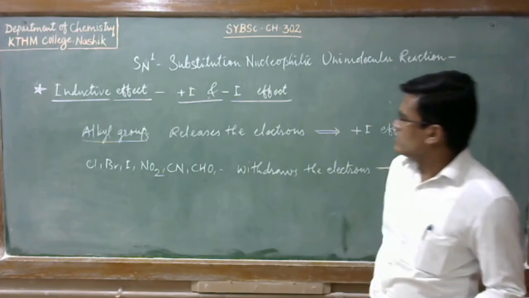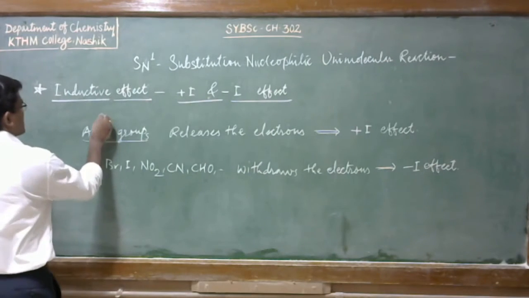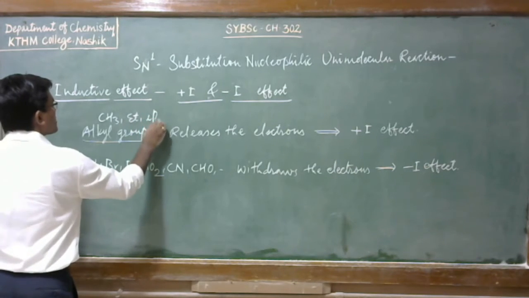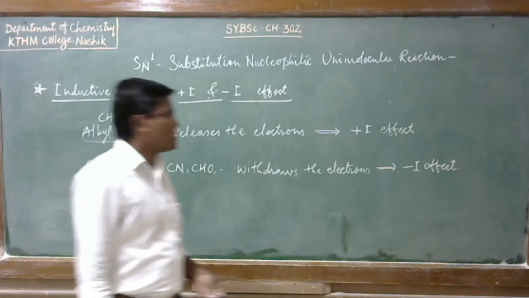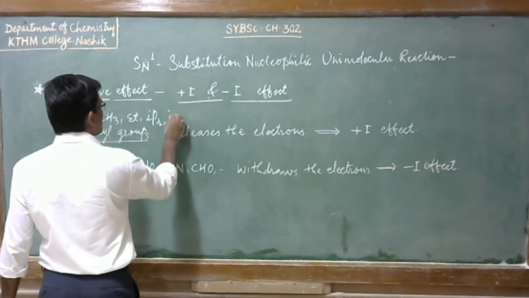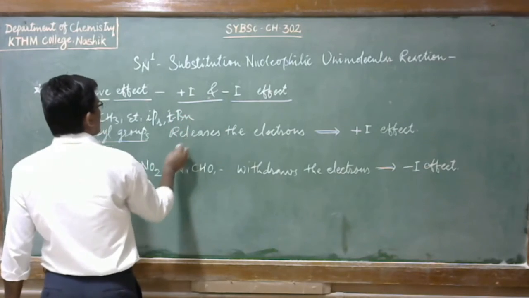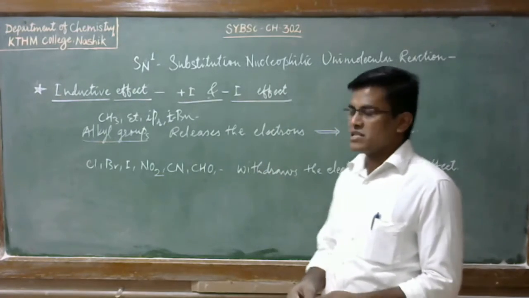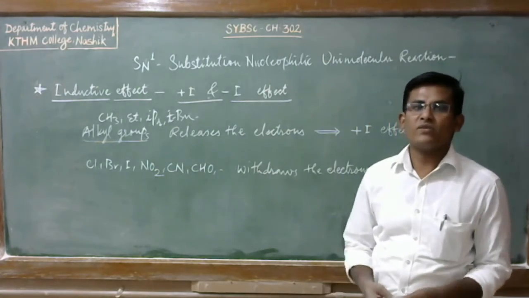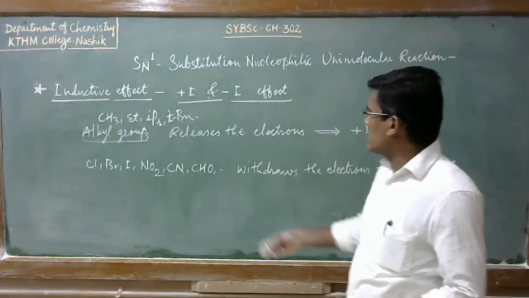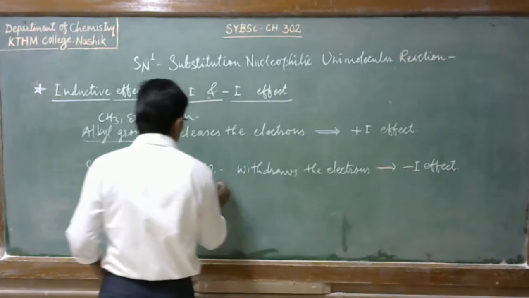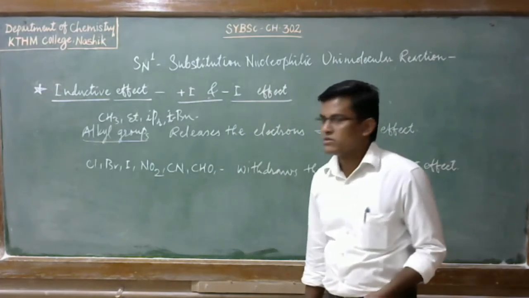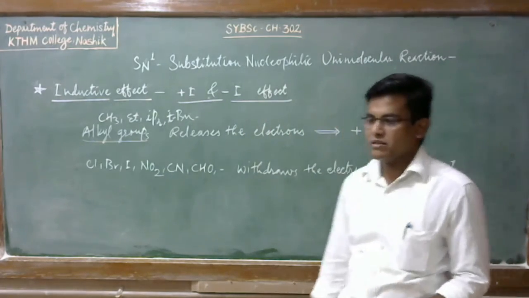So alkyl groups, for example, methyl, ethyl, isopropyl groups, tertiary butyl, these alkyl groups release the electrons, that means they show the plus I effect, and the groups which withdraw the electrons show the minus I effect.